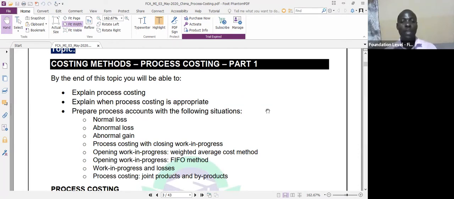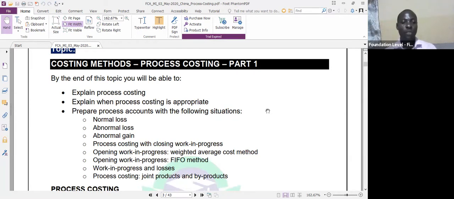We're going to look at the following situations. We're going to see something called normal loss, abnormal gain, and preparing costing with closing work in progress. That is what we'll be taking for part one.